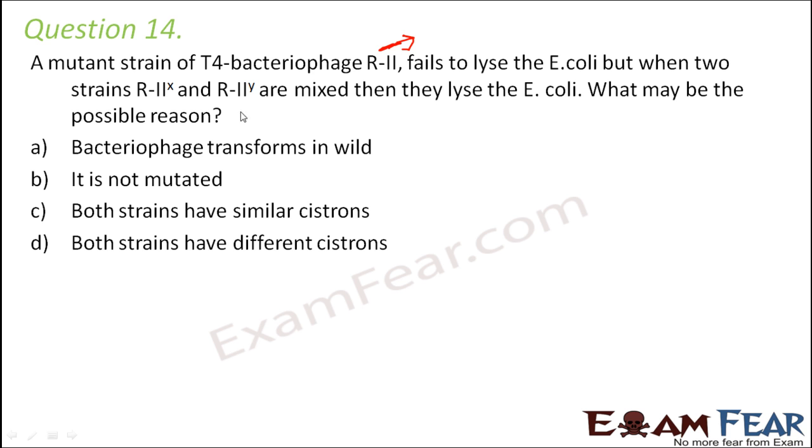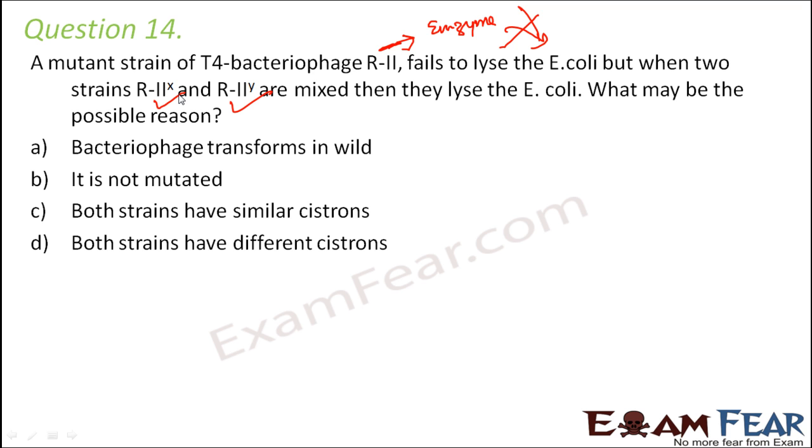If both of these strains produce the same enzyme, in that case also it should not lyse E. coli, because whatever enzyme is produced by R2 is not able to lyse E. coli. That means the enzymes produced by R2X and R2Y are different, and these two enzymes together, as a cumulative effect, are able to lyse E. coli.